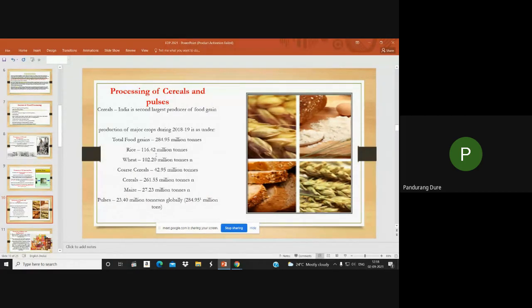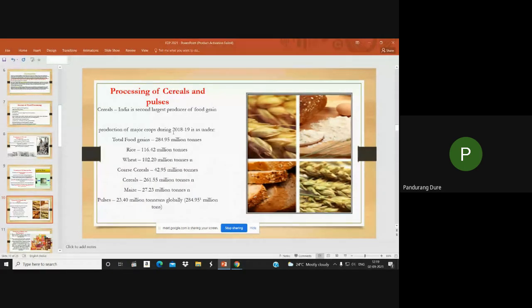We are always listening to news like India has grain or cereal and pulse stock to maintain our domestic demand for the next 2 years.